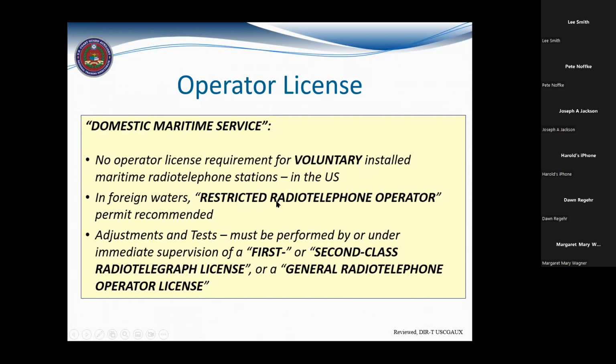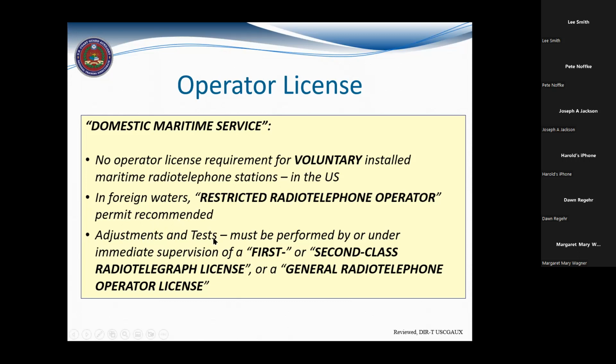If you are operating in other countries' waters, you should get the restricted radio telephone operator license, which essentially says, I know the laws and I will obey them and I will be legal. It used to be a free issuance. Now they're charging for it, but the prices came down recently. Now they're only charging $35. That's not too bad.